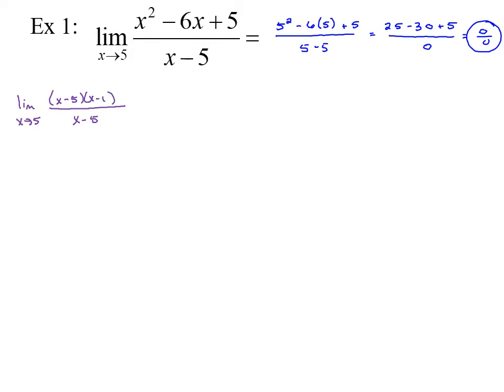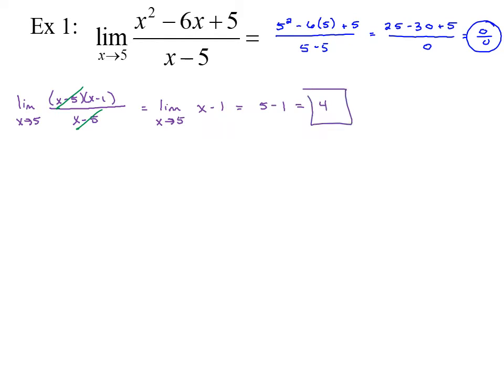And there you go. You see that x minus 5 over x minus 5 does cancel, and you're left with the limit as x approaches 5 of just x minus 1. Once you have simplified, replug your 5 back in. This would be 5 minus 1, which is 4, and you're done.